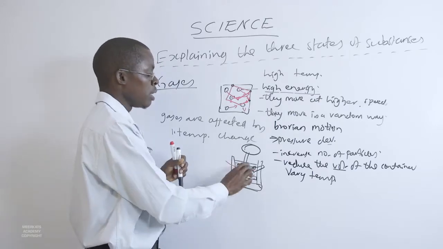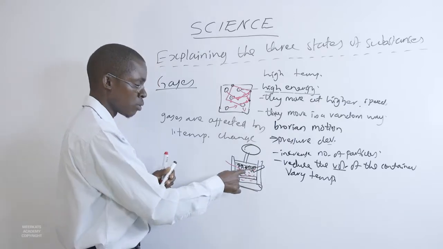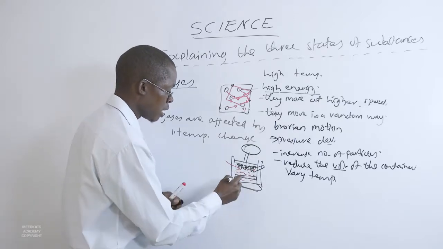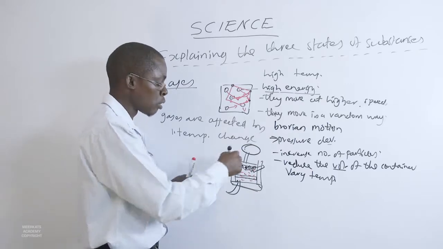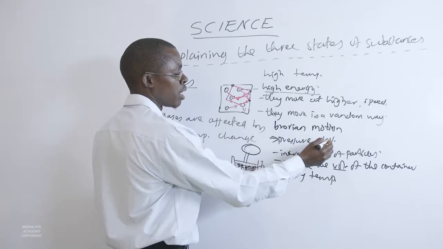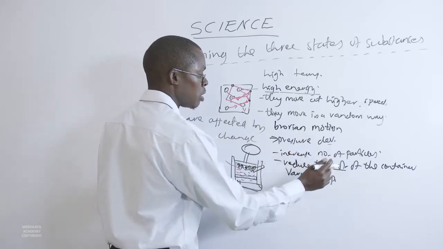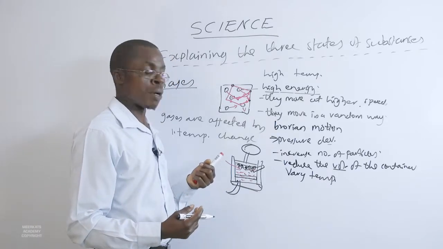As it goes up, the other piston, which is neighboring, will have lost the gas that was inside to the exhaust. Remember we said, how do you vary pressure? You can increase or vary the number of particles.